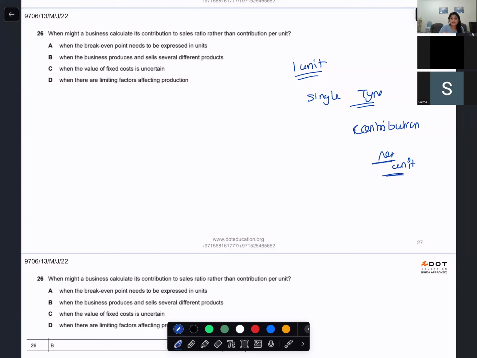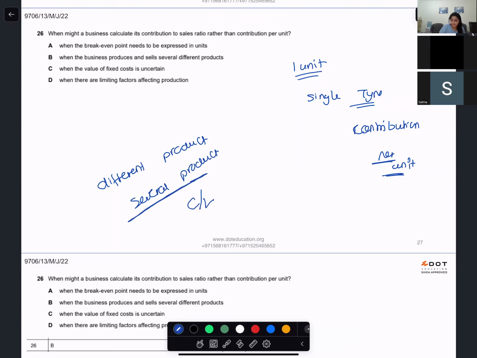But if you are making different products or several products, at that time you're going to calculate contribution to sales ratio. What is the formula for contribution to sales ratio? Contribution divided by sales into 100.